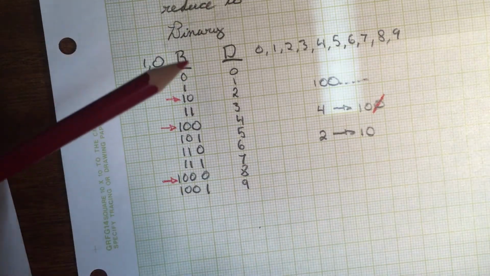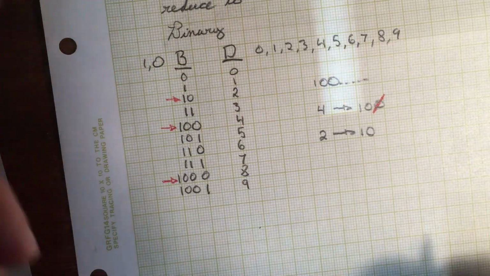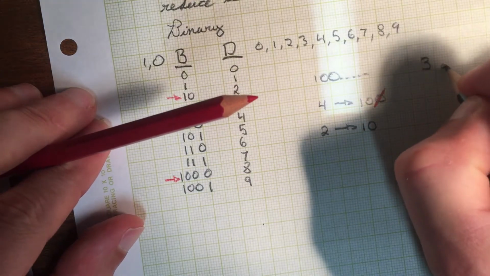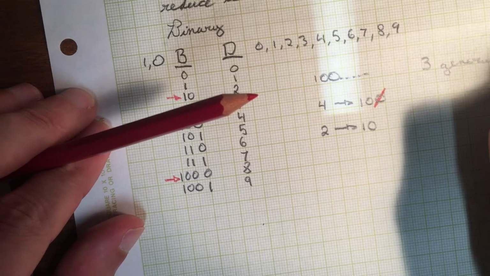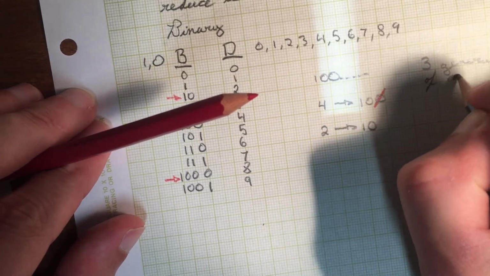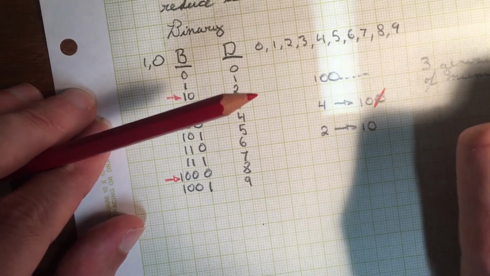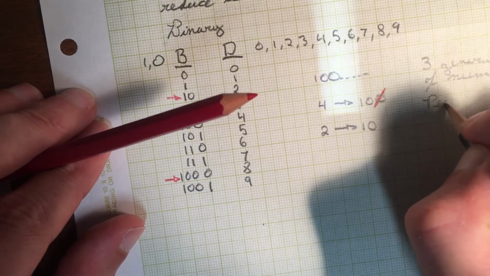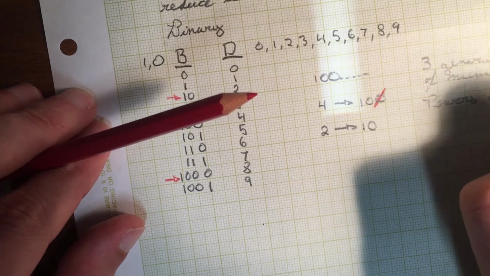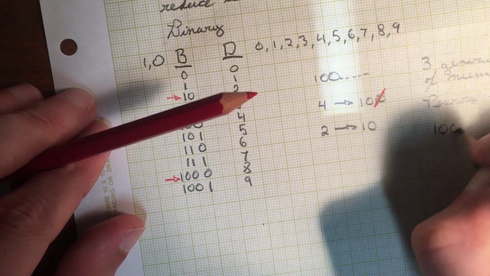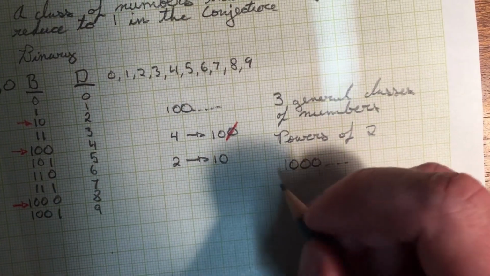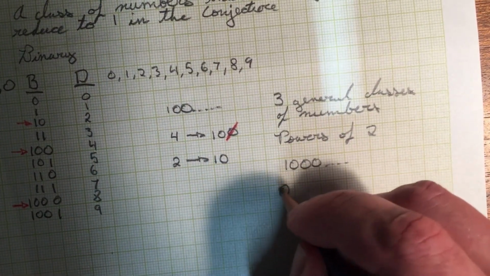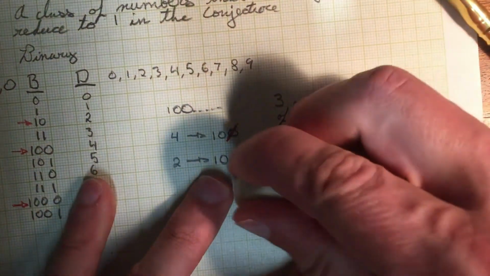One other neat thing that you notice right away is that there are 3 general classes of numbers. There are powers of 2, which is a 1 with a bunch of zeros after it. Then we have all other even numbers.